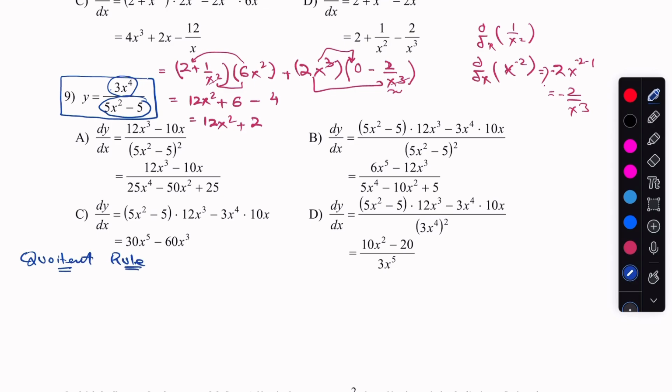The quotient rule says that if you have two functions in a fraction, u and v, their derivative is the denominator squared: denominator as it is, derivative of numerator, minus numerator as it is, derivative of denominator.